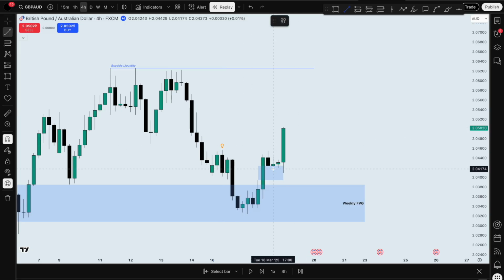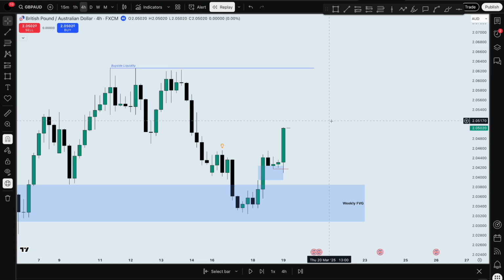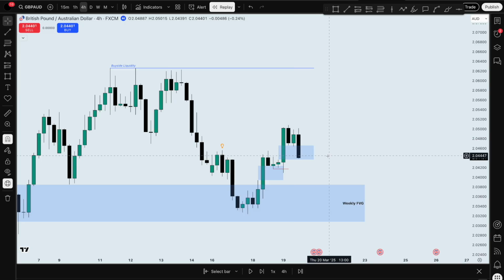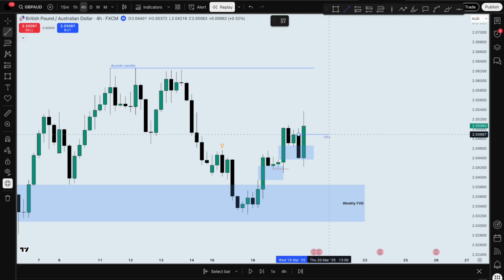So I'm going to mark out this run on sell side here. Now we created a fair value gap, and price went down into it, then went back higher, and that's the second type of high probability order block.